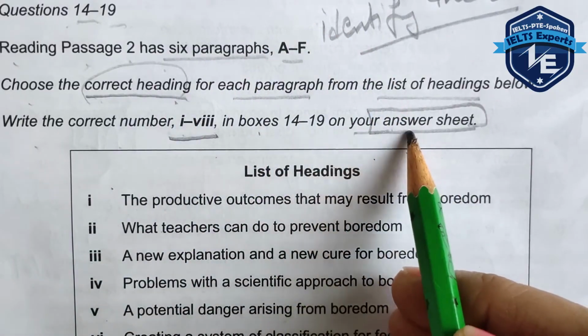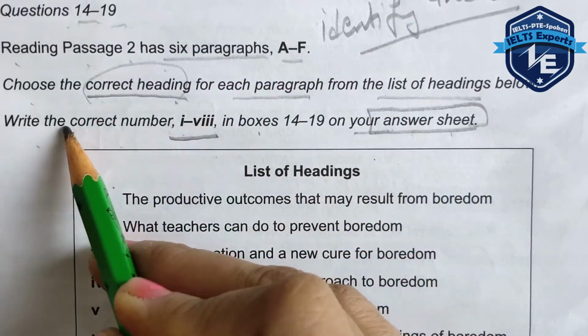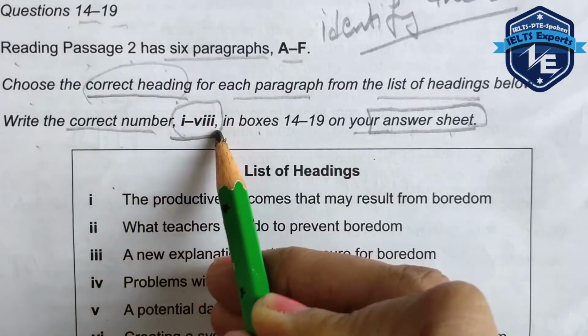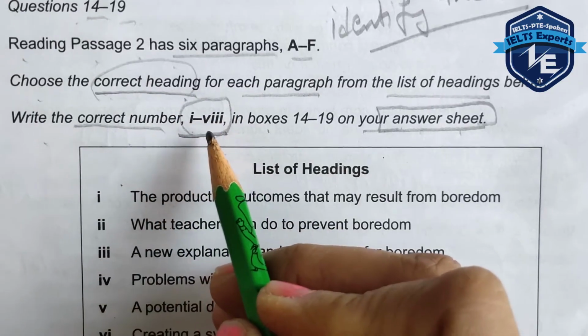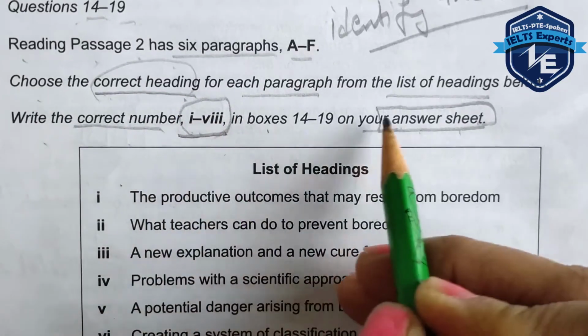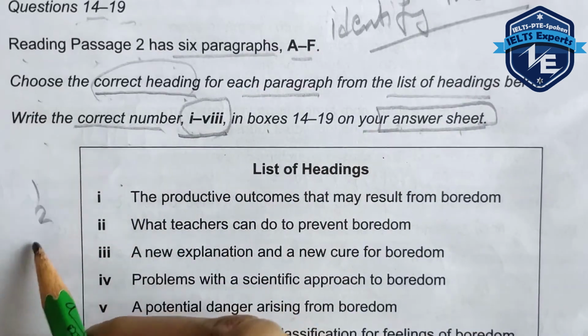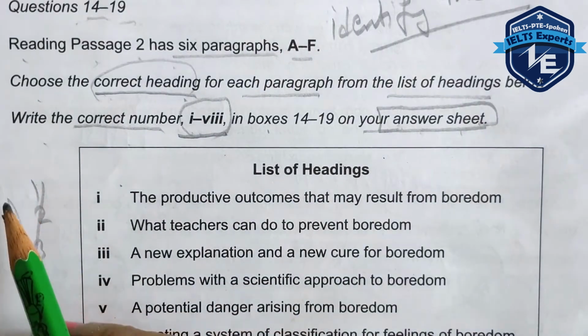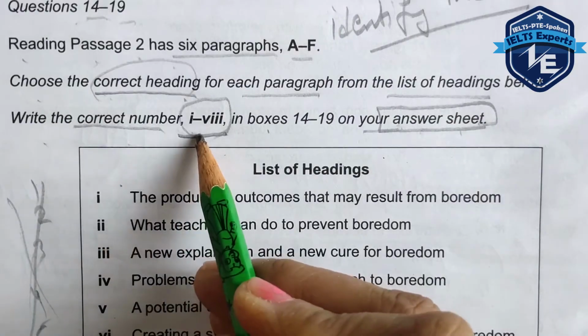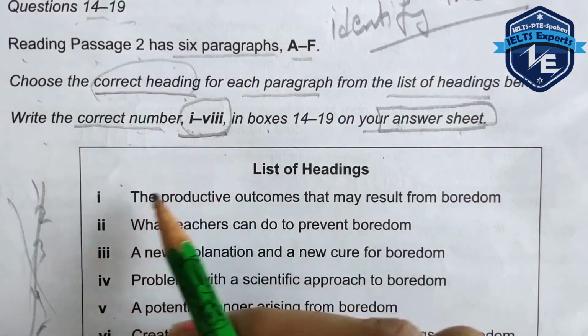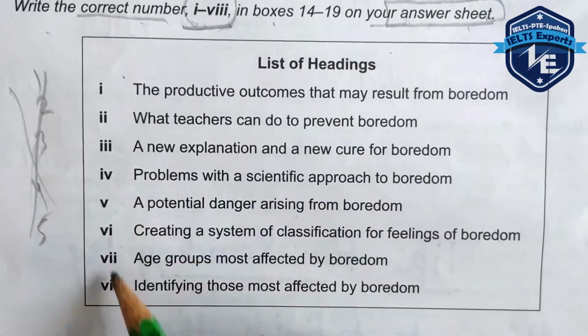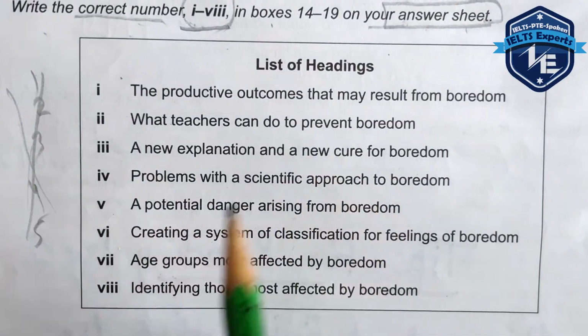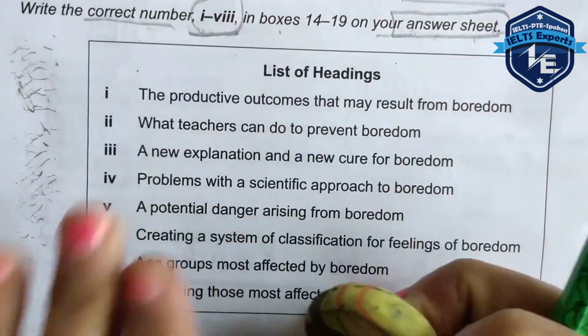Always write your answers in the answer sheet, and you have to write the correct number 1 to 8. So please don't write in the answer sheet like 1, 2, 3, 4, 5. No, this is all wrong. You have to write the answers in Roman numerals i to viii, like the options we have been given. Okay, let's erase it.